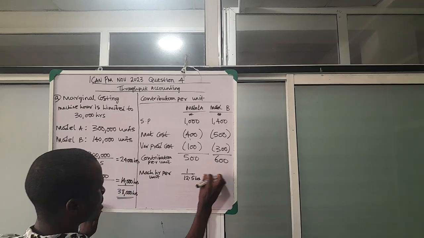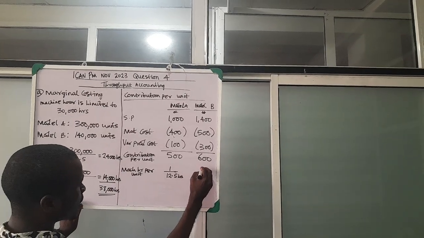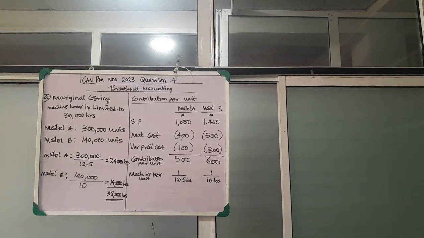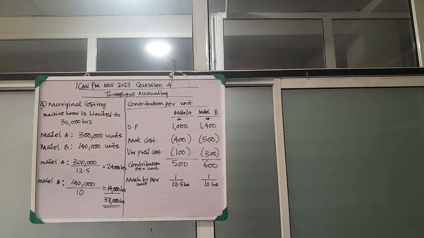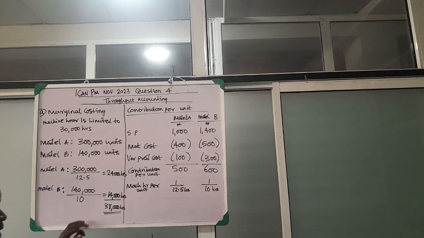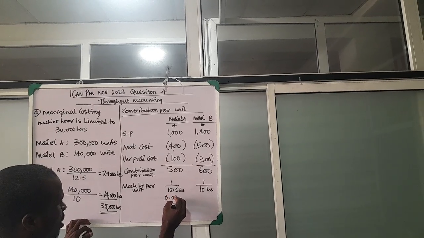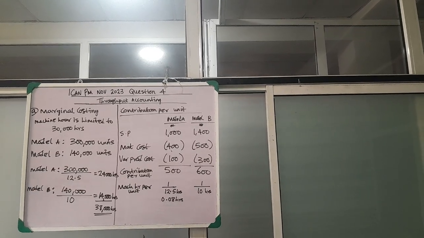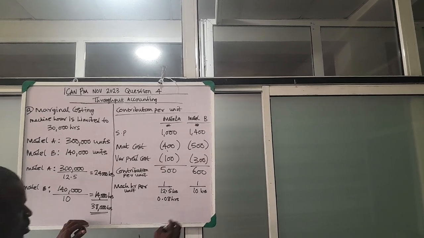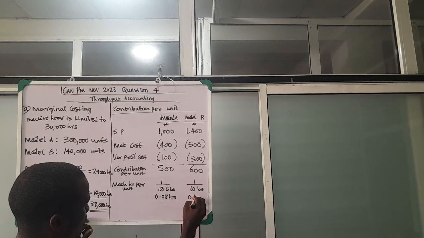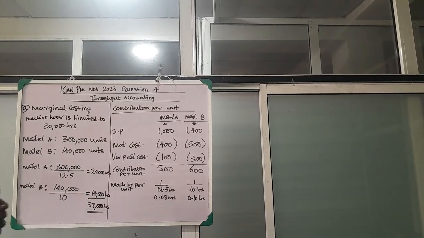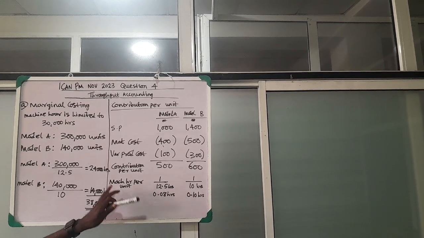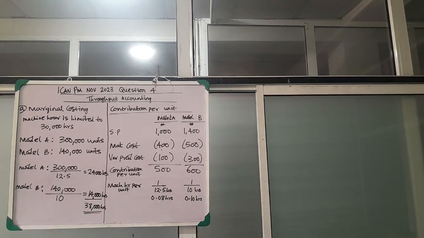Then machine hour per unit for B is 1 over 10 hours, which gives us 0.10 hours.